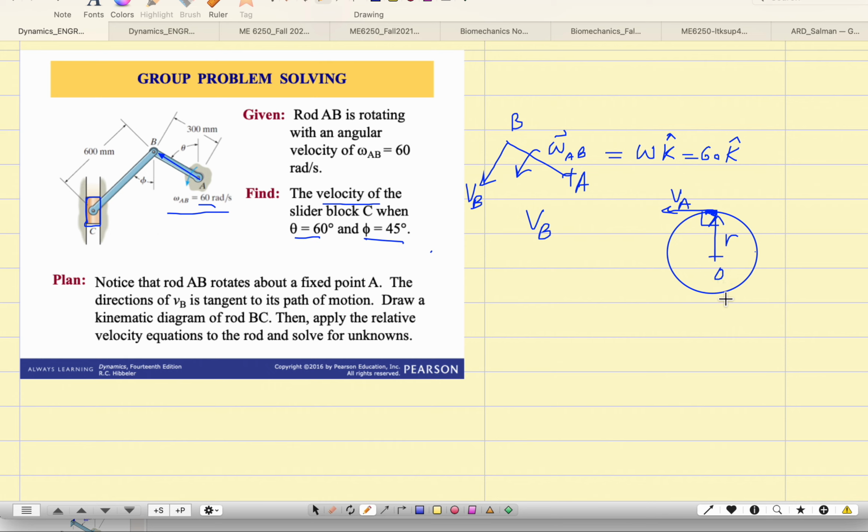So I can say omega r, where omega is 60, and r in this case is 300 millimeters. So can I write down 0.3 times 60k? Let's write down just the magnitude. Don't worry about k. If you multiply this together, what do you guys get for this one?